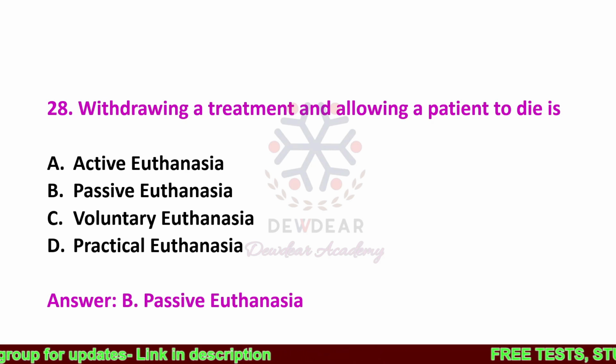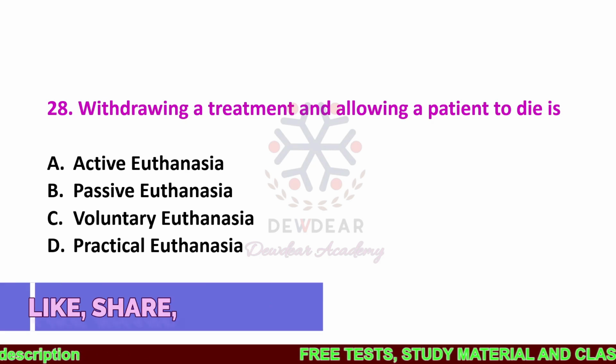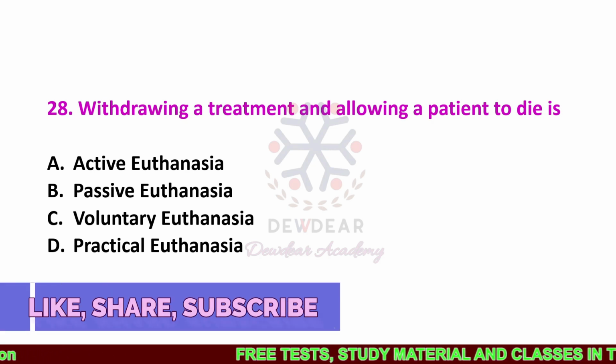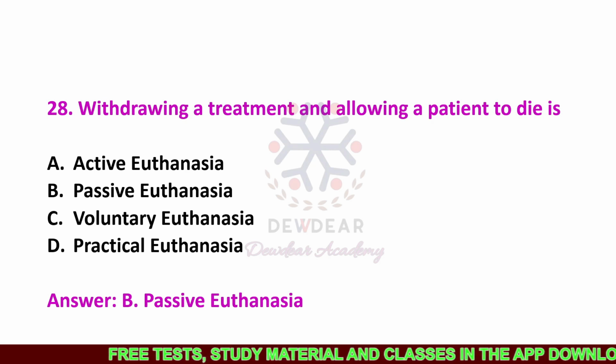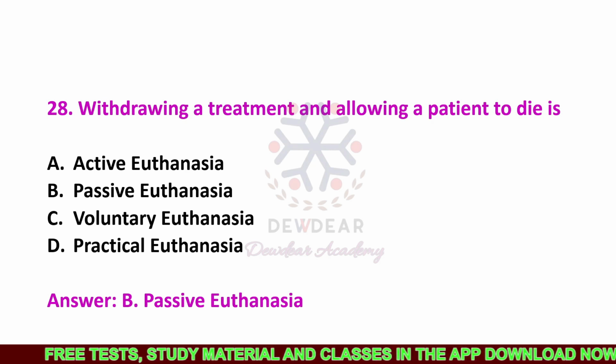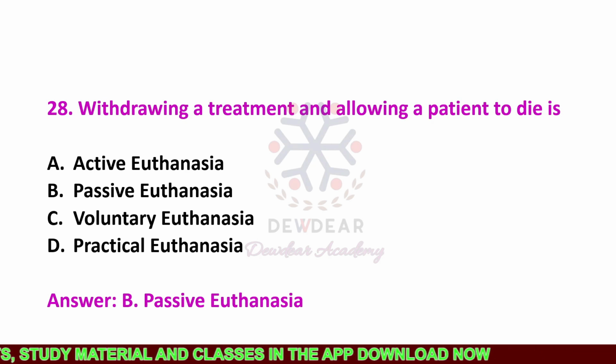Active euthanasia means killing a patient by active means. That is injecting a patient with some kind of drugs in a lethal dose, with the intention of killing a patient. If you are giving or injecting a medication to the patient, that is known as active euthanasia.